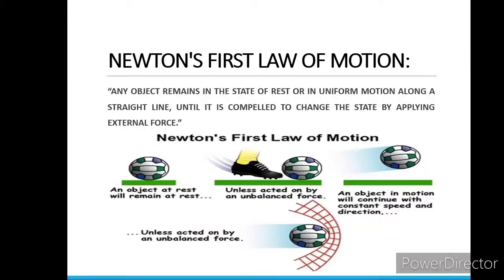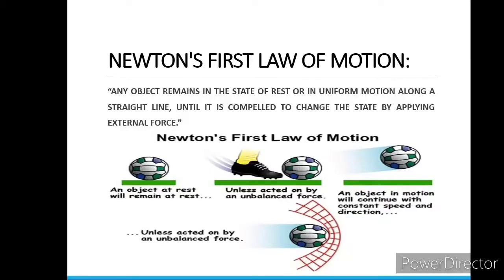So it was at rest in his hand. He applied some force and released the ball. So now the ball is moving towards the batsman, and it will continue to move in that same direction until the batsman hits the ball with the bat, right? He hits the ball, so he is applying some force to that ball.